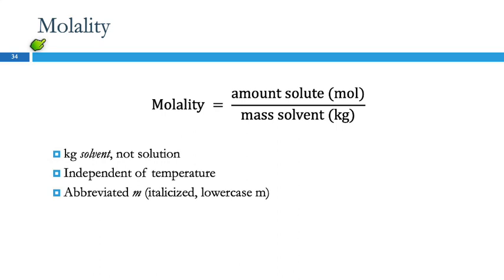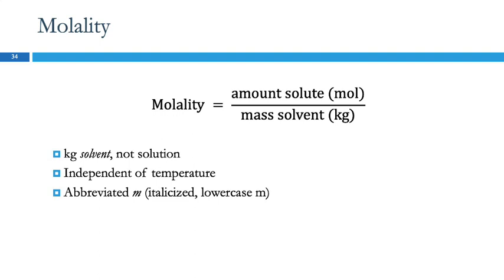Molality is not a typo. Yes, they're very, very similar. This is the amount of solute in moles, but instead of dividing by the volume of the solution, we're dividing by the mass of the solvent, in kilograms. Well, if you have 1 kilogram of water, that has a volume of 1 liter.